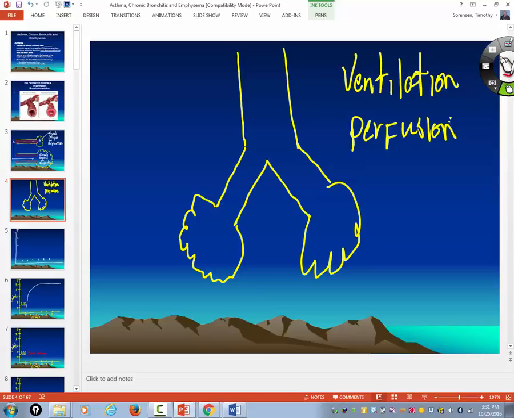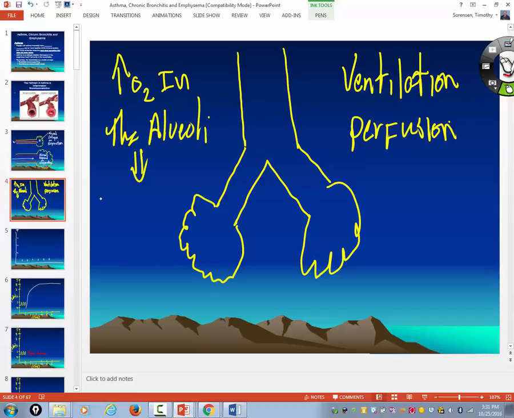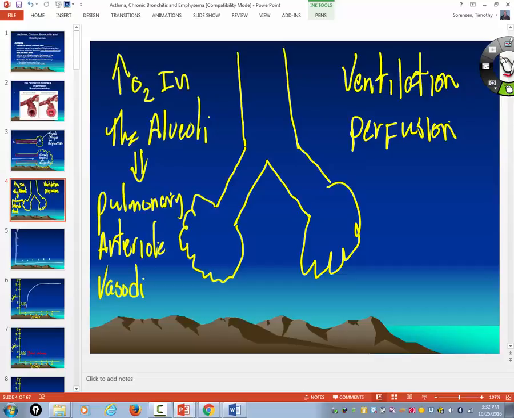As we learned in our discussion of fetal circulation, high levels of oxygen in the alveoli lead to pulmonary arterial vasodilation.